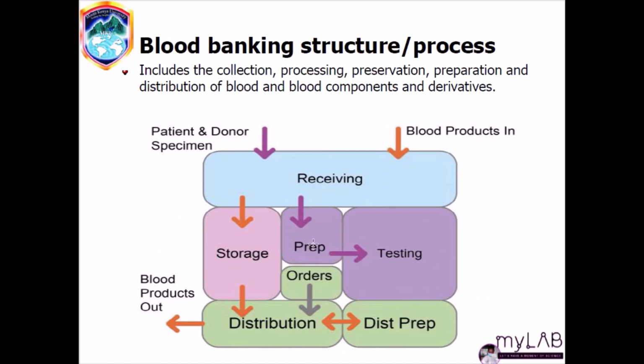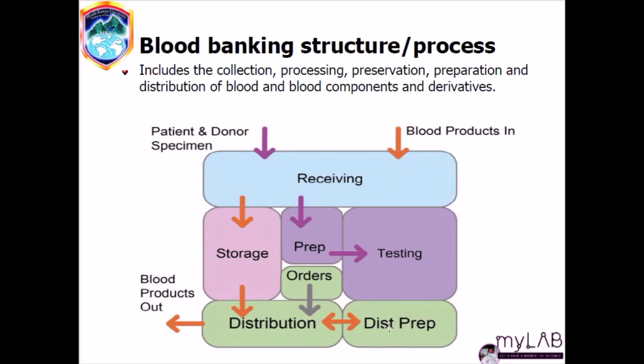And now after the storage of blood products, we are going to have their distribution, and of course also distribution preparation. As you distribute them, you make sure that all the other processes are well, and that's why we do quality assurance. You could also make a mistake at distribution, so we have distribution preparation to make sure that as you dispatch these blood products to the patients, they are distributed in the correct format, at the correct temperatures.